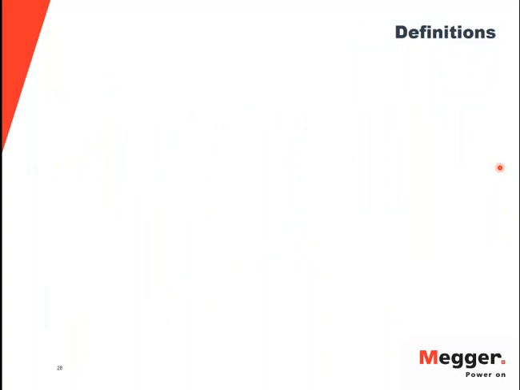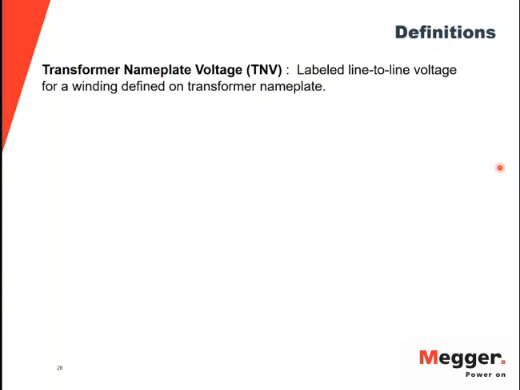So let's talk about some of the different definitions you might run into, because that is good to know, as you would be using those terms when you perform the turns ratio test. The first one is the transformer nameplate voltage. It's the line-to-line voltage that is defined on the transformer nameplate.